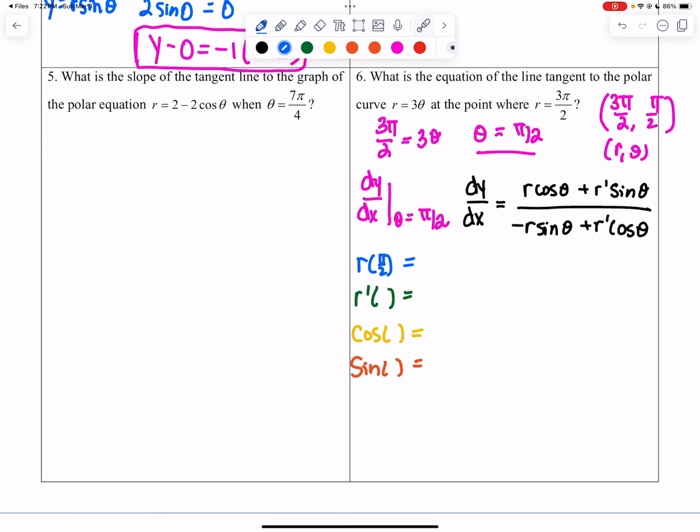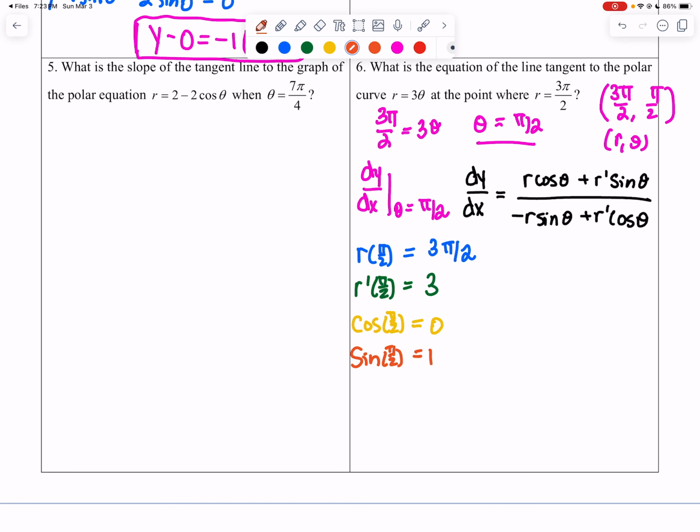Now, if I plug in pi over 2, r is going to be 3 pi over 2 just because they gave that to me. So that one wasn't that bad. R prime, though, we are going to take the derivative of this, and that's just going to be, plot twist, 3. So that's just going to give us 3. Cosine of pi over 2 is going to be 0, and then sine of pi over 2 is going to give us 1. I'm going to plug everything in now.